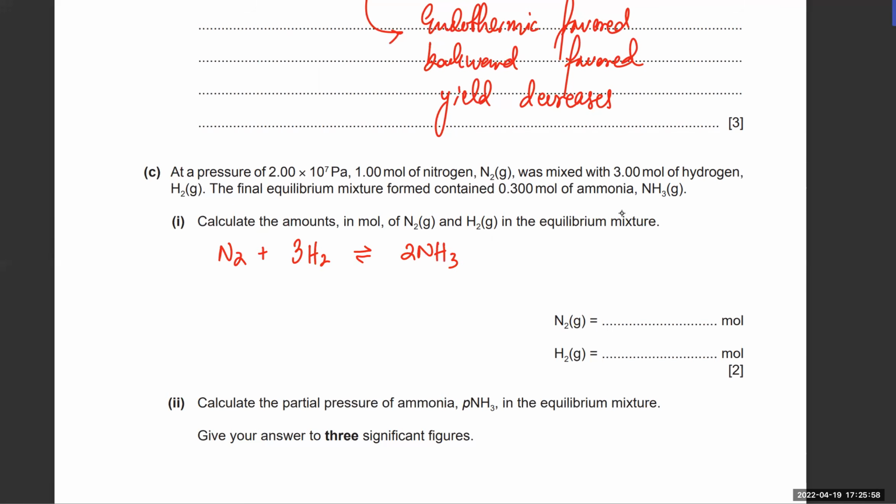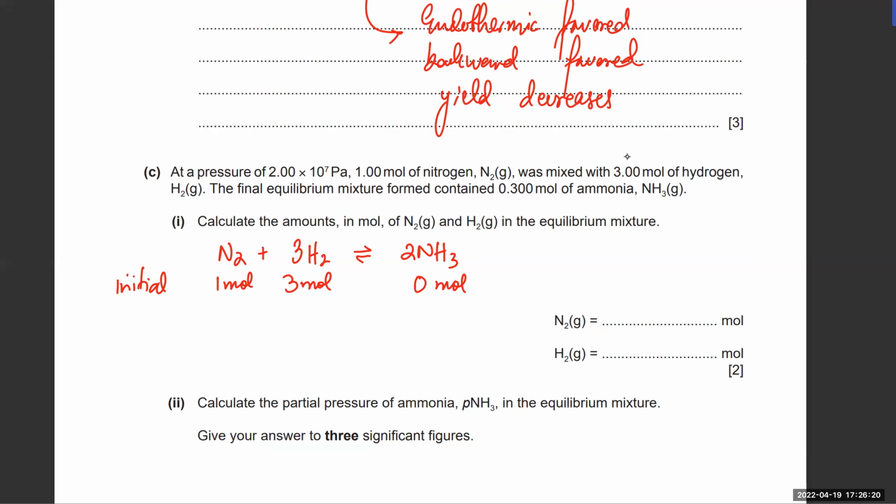So this is the reaction. What are your initial moles? So initial moles are 1 mole of N2. So that's 1 mole. And there is 3 moles of hydrogen. They're mixed together. And that's it. So there is 0 moles of NH3.